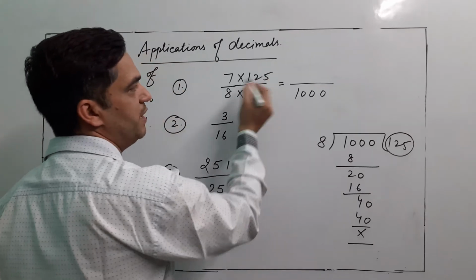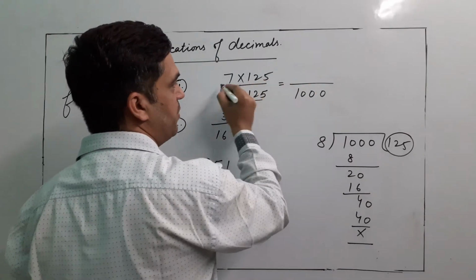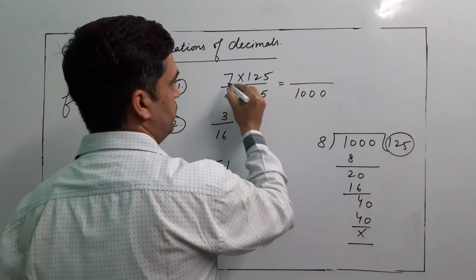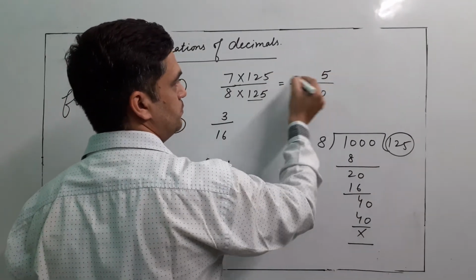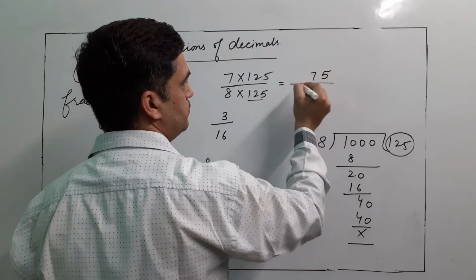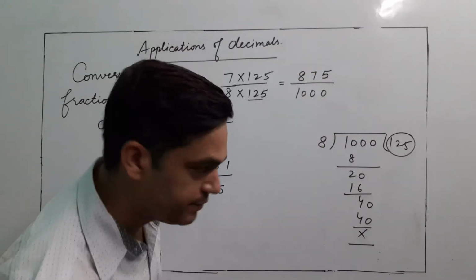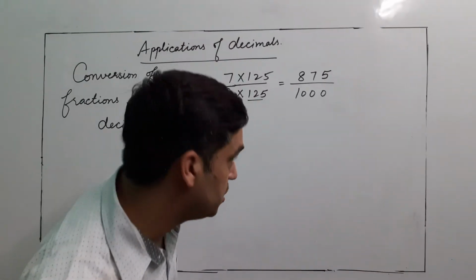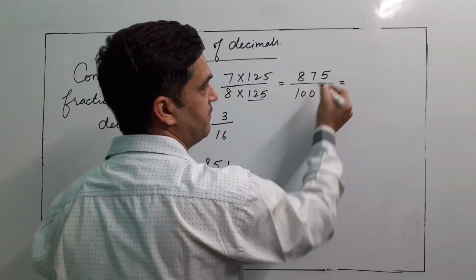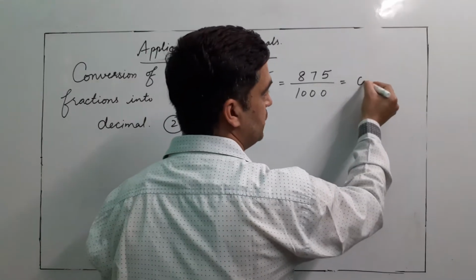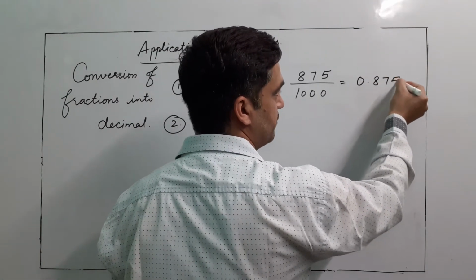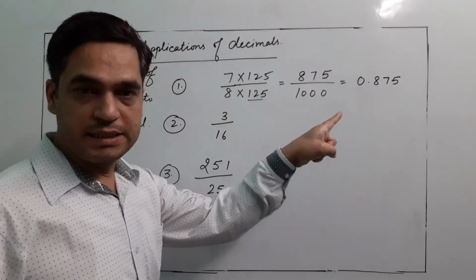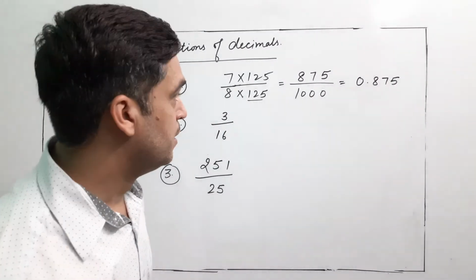So if I multiply this one, I will get 875. Now it is very easy to convert this 875 into decimal, 0.875. So this is the first method to convert these numbers into decimal.